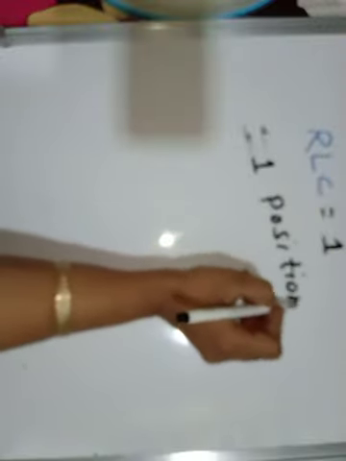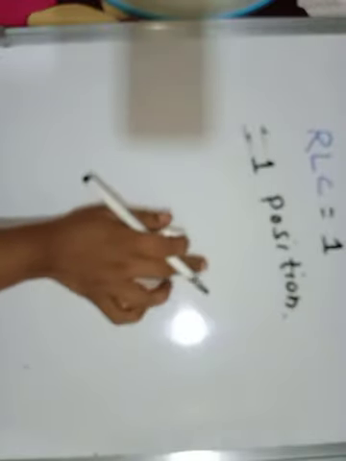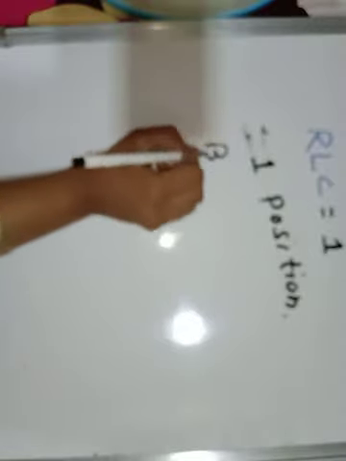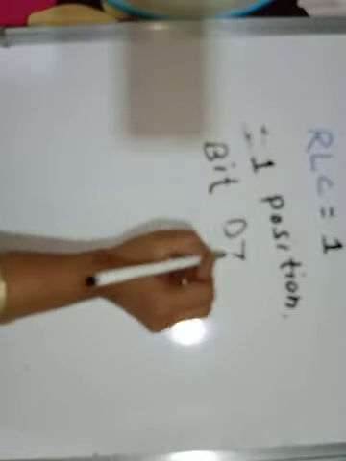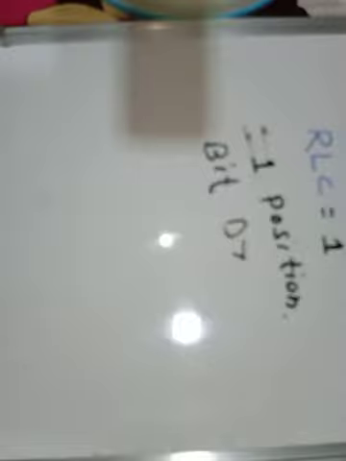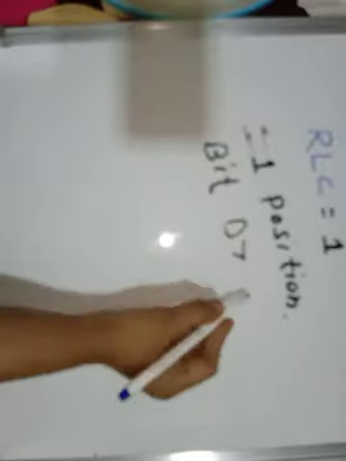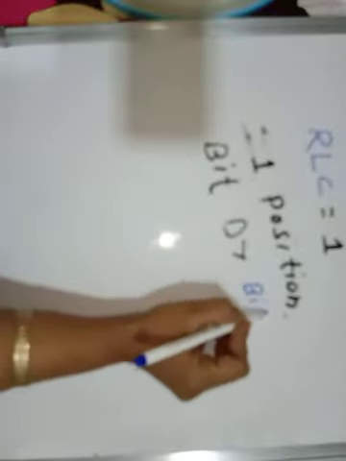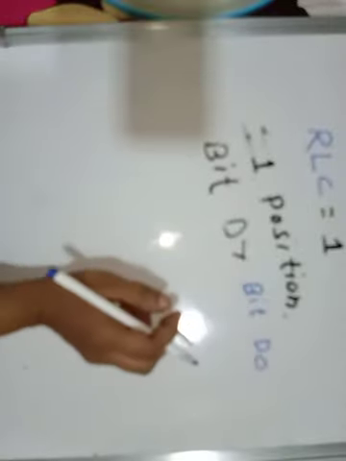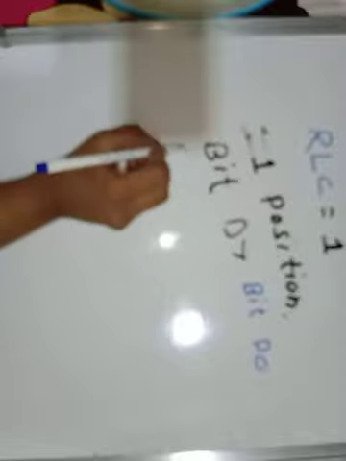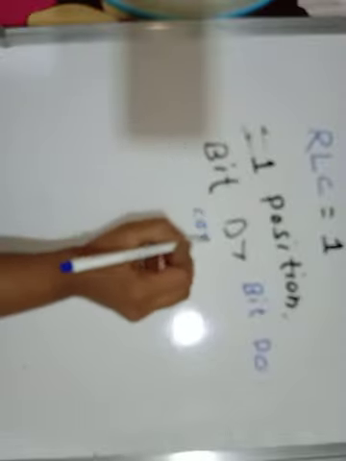Okay. So in the case of this instruction, we have the bits D0 to D7. Bit D7 is placed at bit D0 and as well as into the carry flag.